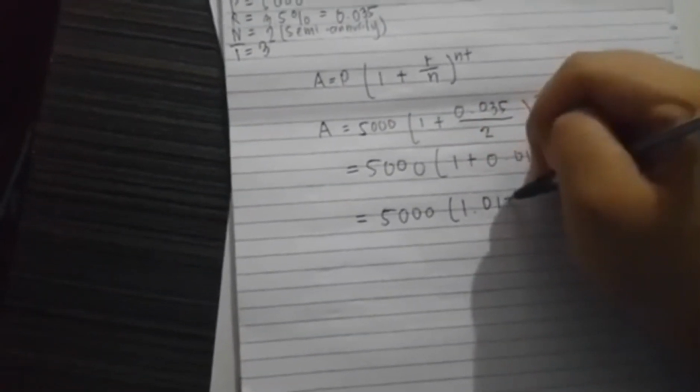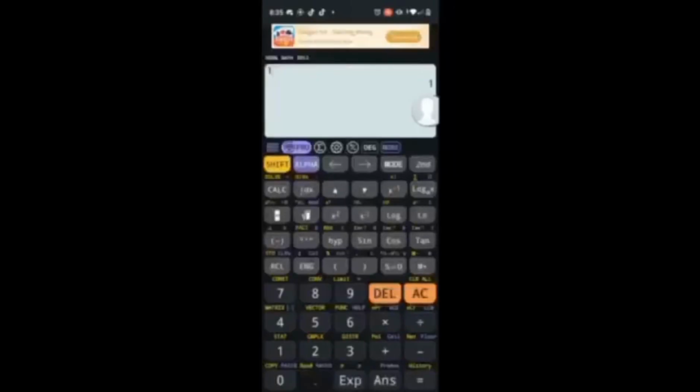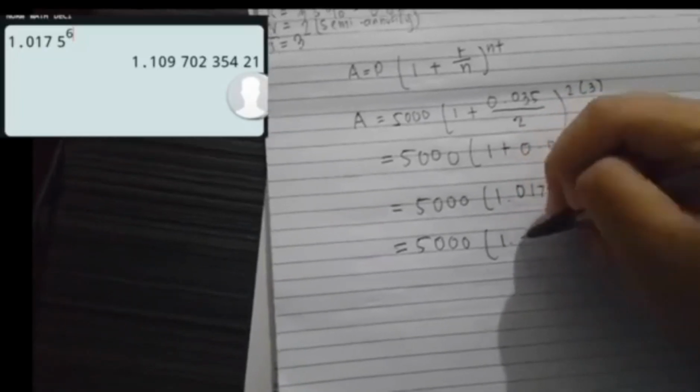Equals 5,000 times 1.0175 to the power of 6.